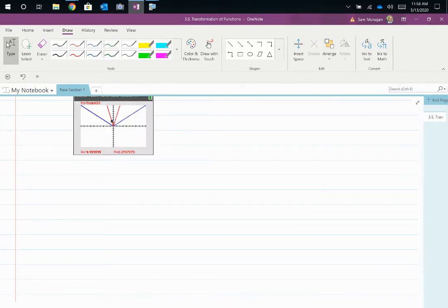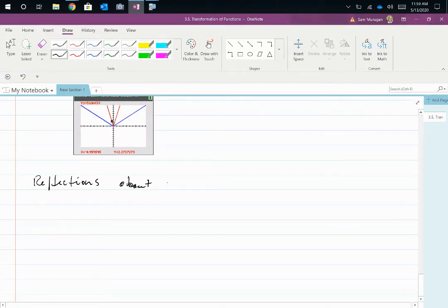The next thing we want to speak about is reflections about the x and y axis.